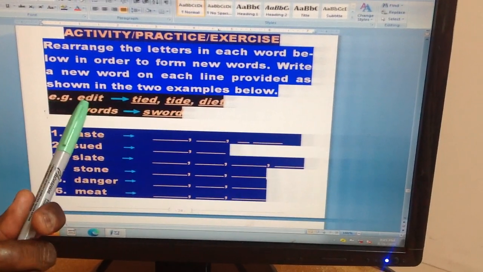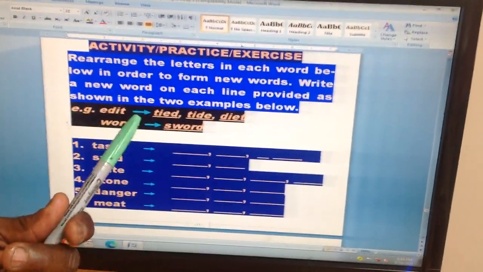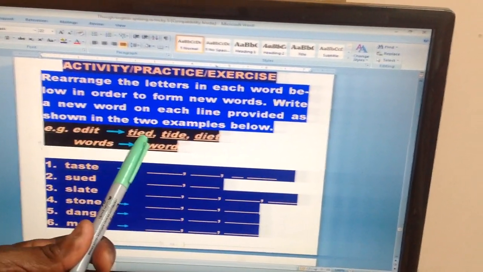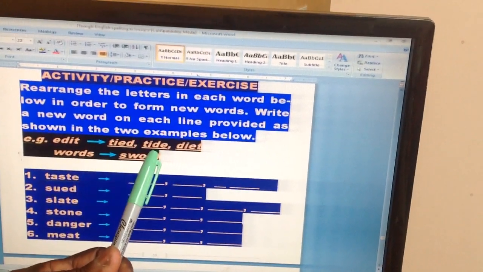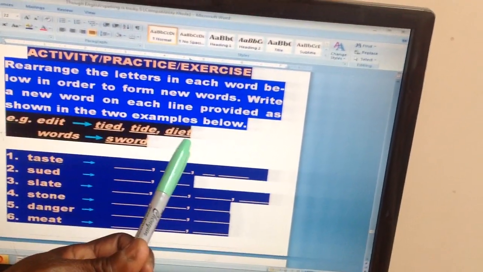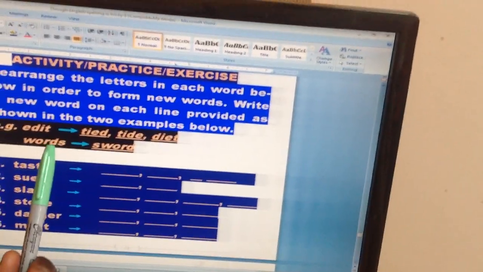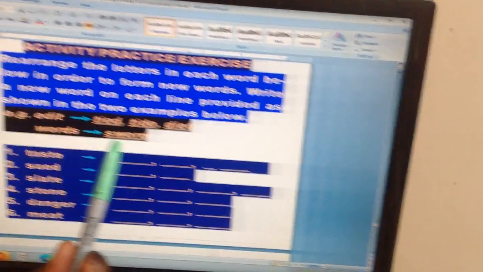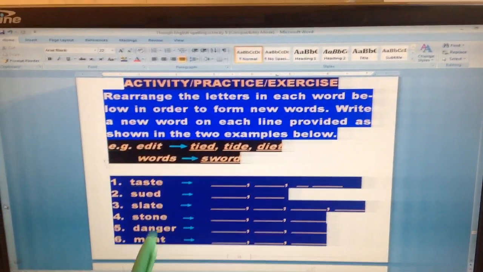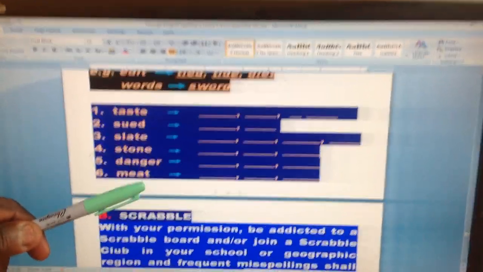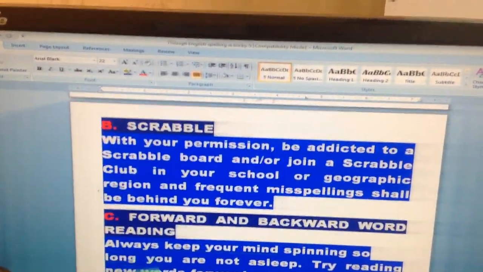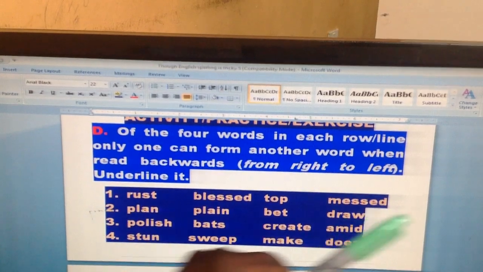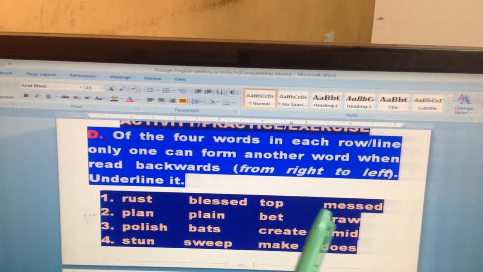I give you a word, edit. You can play around with these letters to create other words like tide, diet. I give you the word words in the plural. Then you've got sword. So here is an exercise, and you can also play Scrabble, and you can also read the word backward, like here, top and pot.